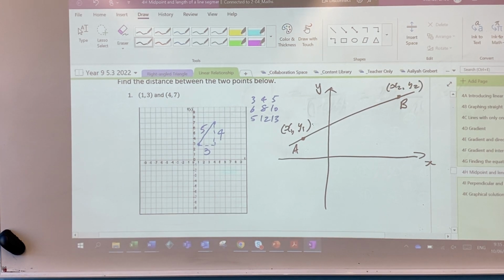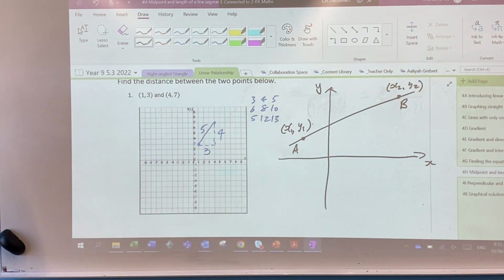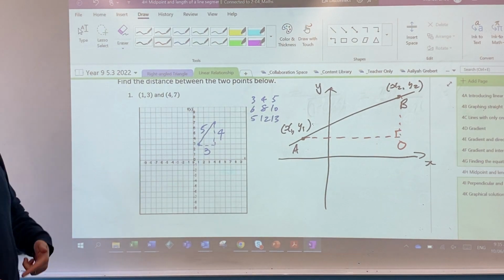So far, so good? And again, just like what I did here, I'm going to put that into a right angle triangle. So let's draw that. I'm going to put A, B in a right angle triangle. I call that O. All good? Now let's talk these two together.